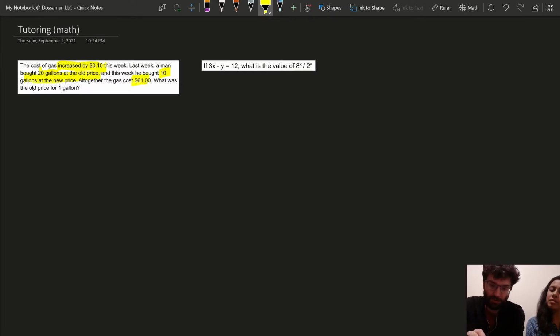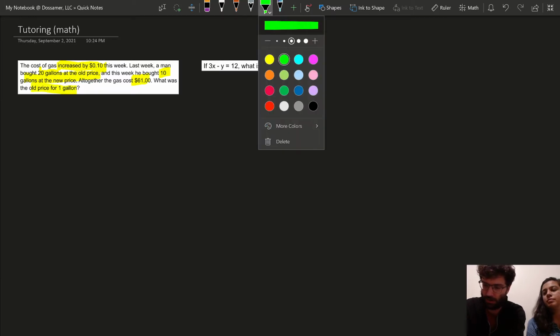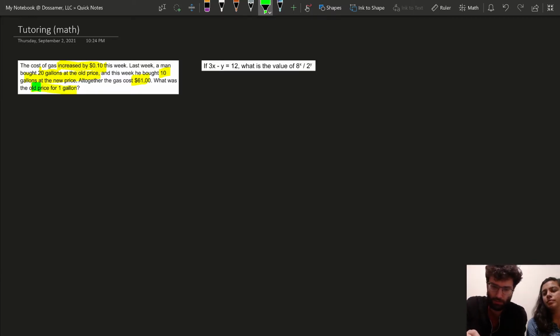And then we want the question. The question is, I can do a different color actually. That's what we're looking for. The thing we're looking for is the old price at 1 gallon.